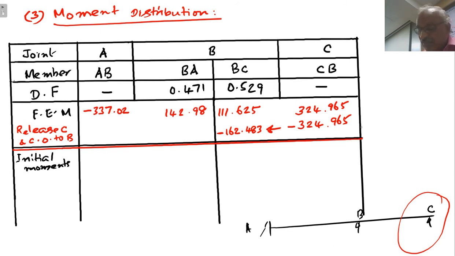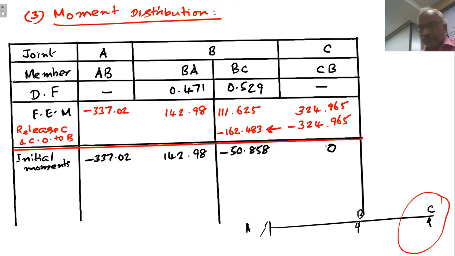So for the initial moments, you rewrite: minus 337.02, this is 142.98. These two when added will give minus 50.858, and this is 0. So A is 0. That's all.